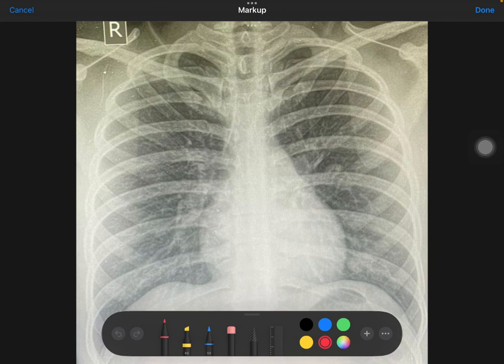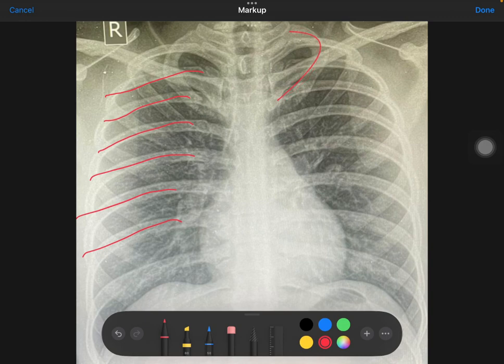There are two sets of rib shadows in the chest X-ray. The ones that are more horizontal are the posterior ribs. And what are the anterior ribs then? The more curved and vertical ones are the anterior ribs.